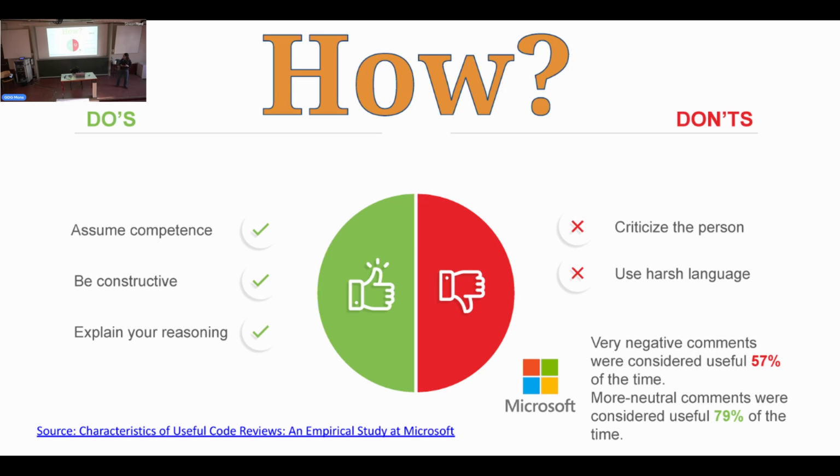This study shows that very negative comments were considered useful only 57% of the time, while more neutral comments were considered useful around 80% of the time. So be respectful and don't be harsh. And instead, you should always assume competence. We are a team, and you should provide concise, constructive, and clear review and feedback to the person to know what he's supposed to do.